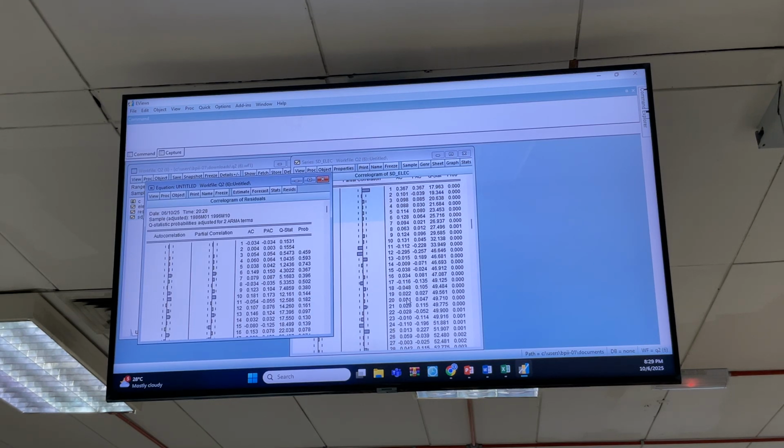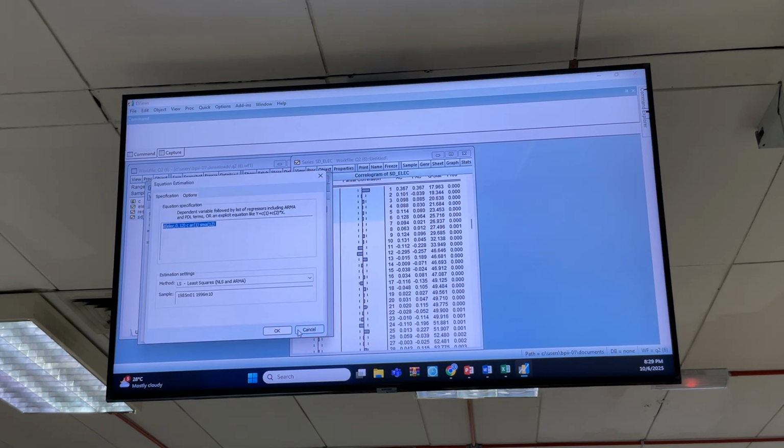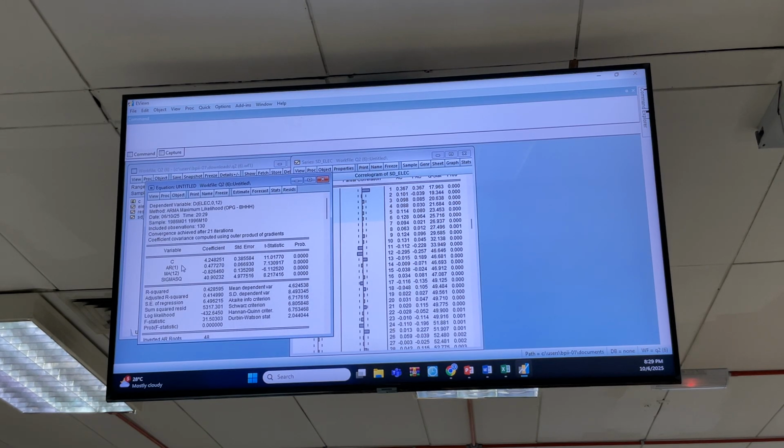Okay, now let's say we apply both, because this one C is significant, so let's say we want a model without mean, with zero mean.